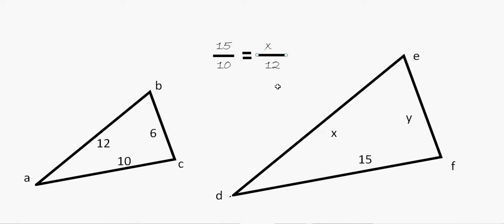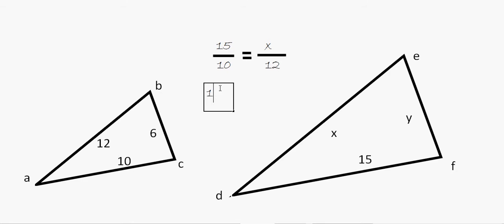Now we solve that the way we did with proportions in class yesterday. Some of us just multiplied both sides by 12. We had 12 times 15 divided by 10. Some of us cross-multiplied. 15 times 12 equals 10 times x. And then we divided by 10.